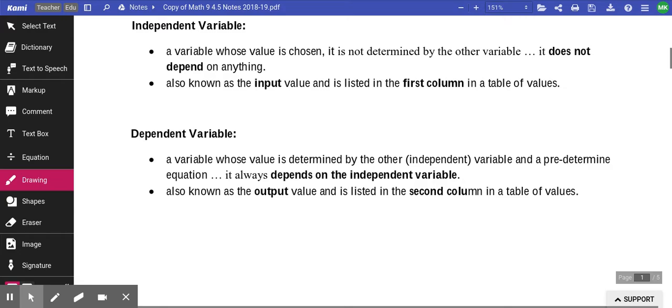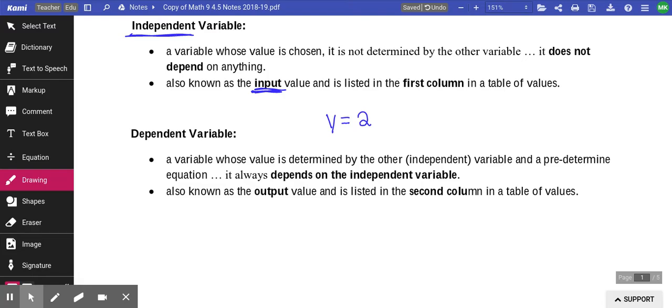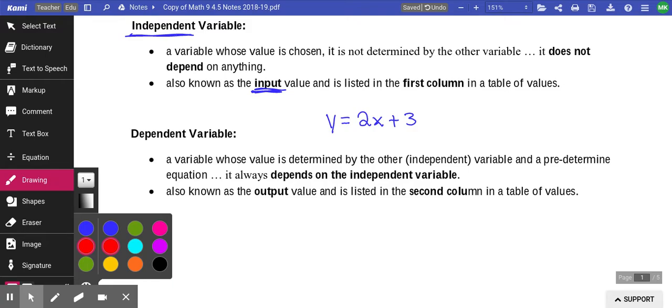Awesome. Independent variables, dependent variables. We've already talked about these before as well. Independent variables, I like to call the input. So if you had an equation such as this, y equals 2x plus 3, this is the independent variable or the input value.